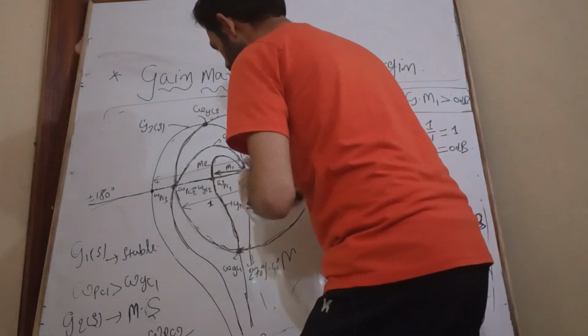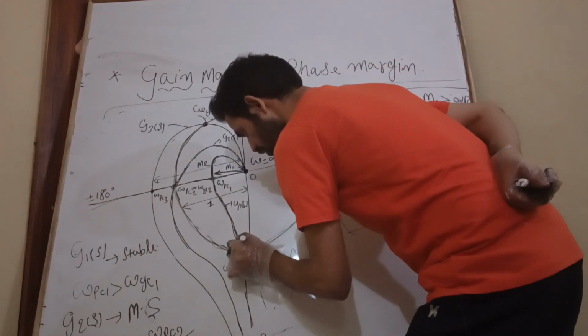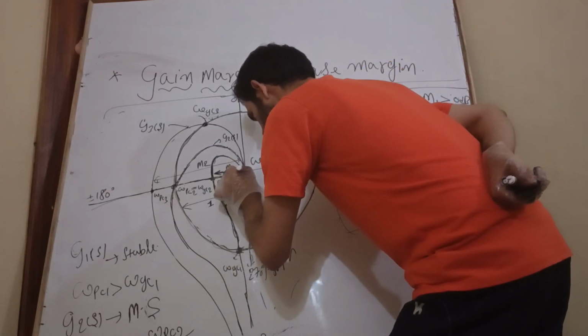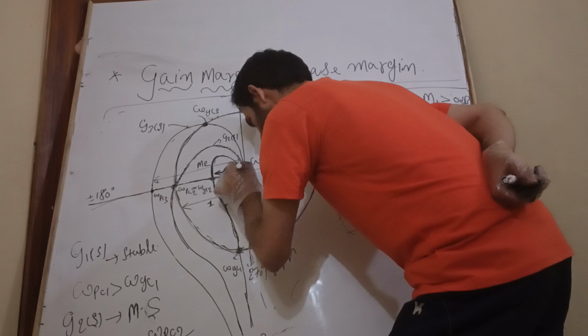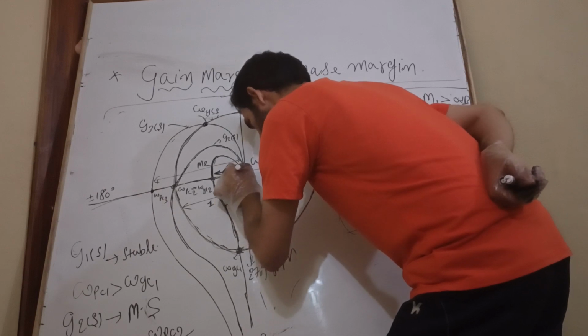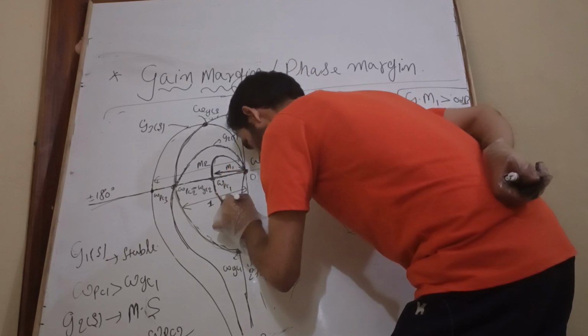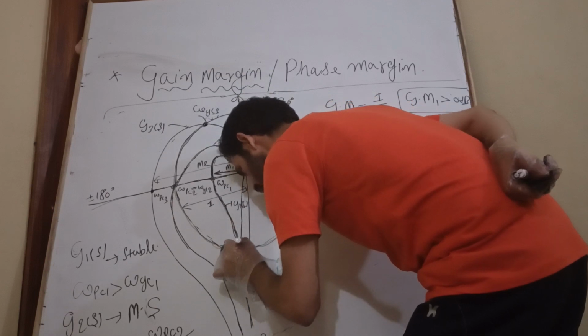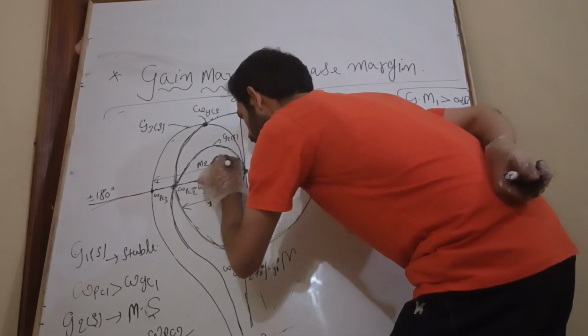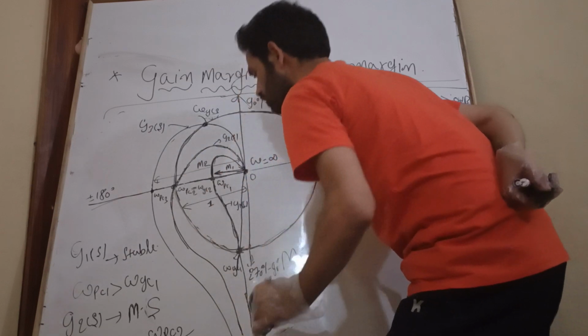Now let's see the phase margin. Phase margin is nothing but this: you draw a straight line from the origin to the point where the curve cuts the unit circle.